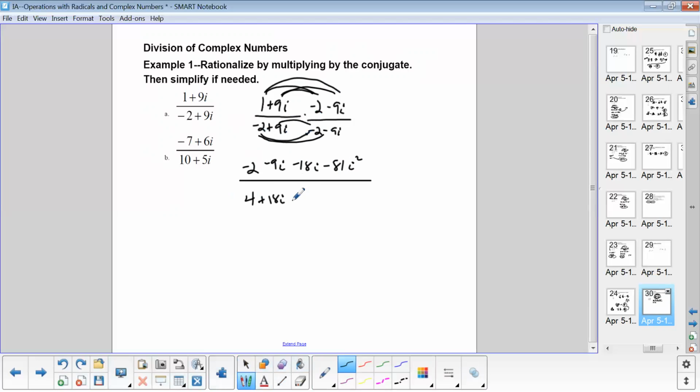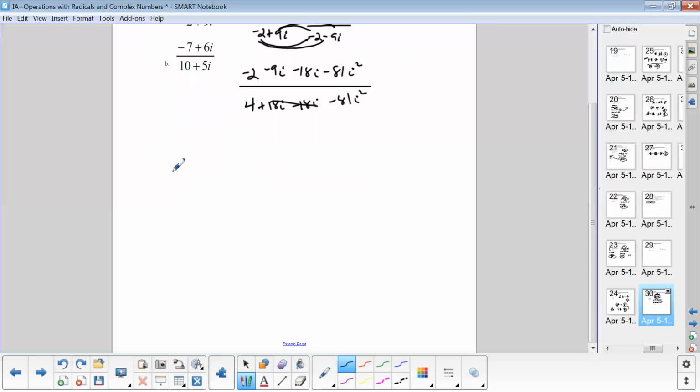And this one will be a -18i. And -81i squared. So these divide out. And up here, you're left with -2 minus 27i. And then what's this i squared? That's -1, so it'll be plus 81. So -2 plus 81, you should have 79. 79 minus 27i.